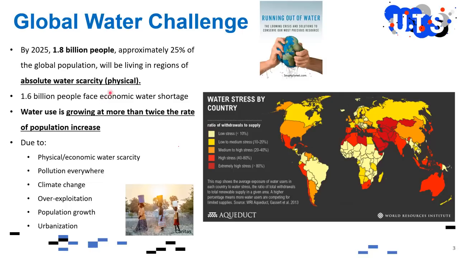The difference between economic and physical is that economic water scarcity refers to the availability of the water resource, but they don't have the infrastructure to harness that resource, or they don't have the capacity, or they cannot afford to buy that resource. So these are two of the main issues right now in terms of physical and economic water scarcity.